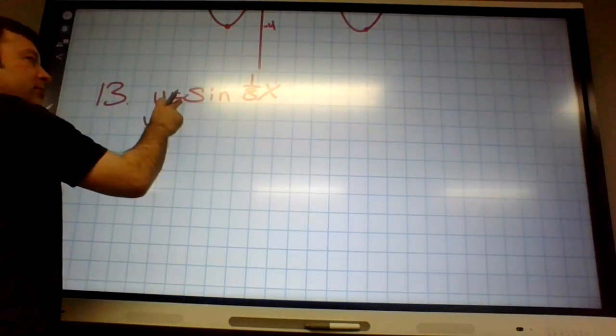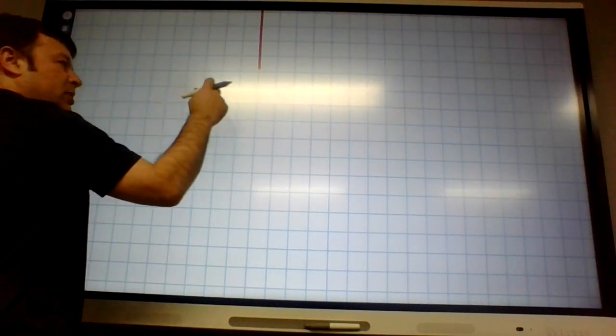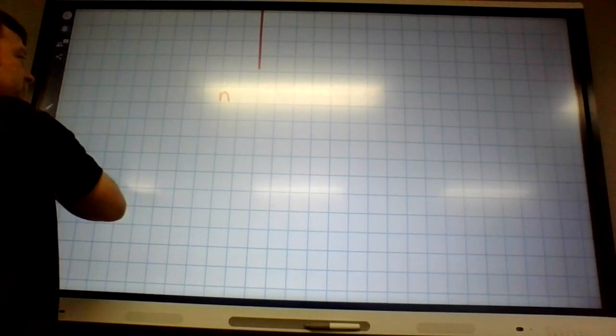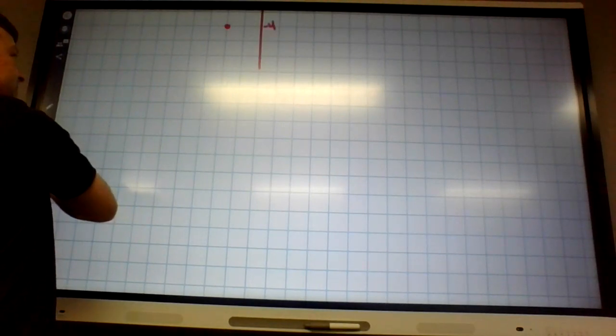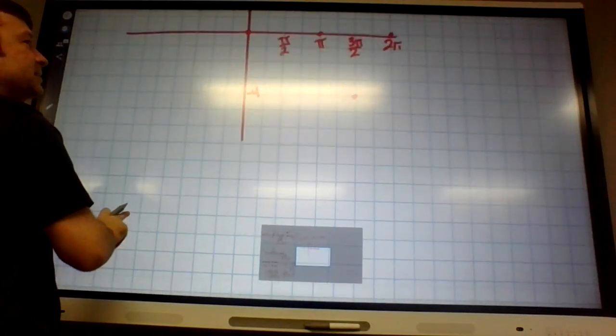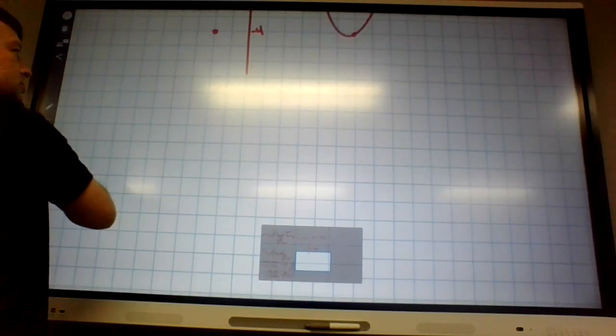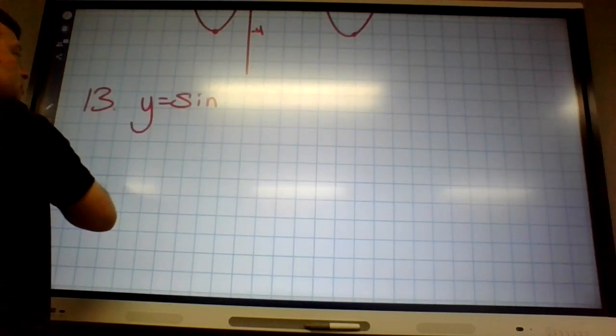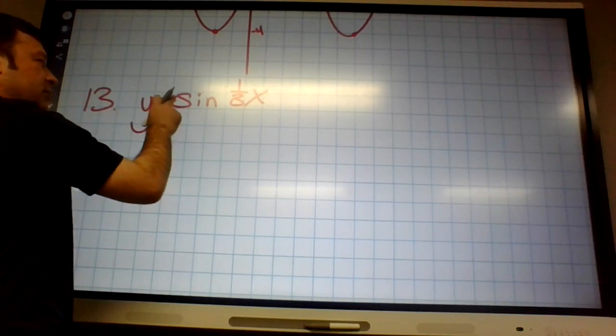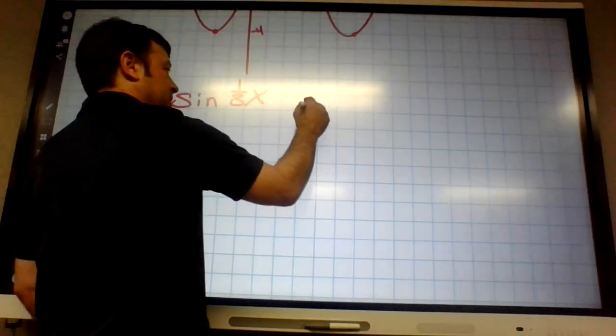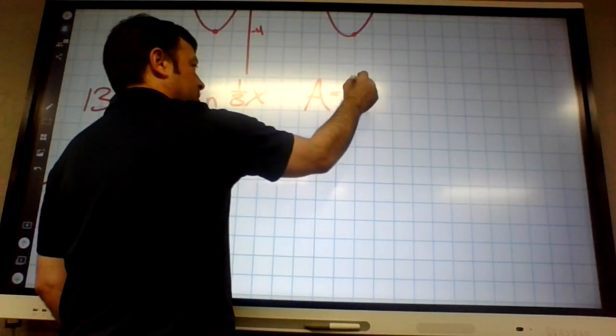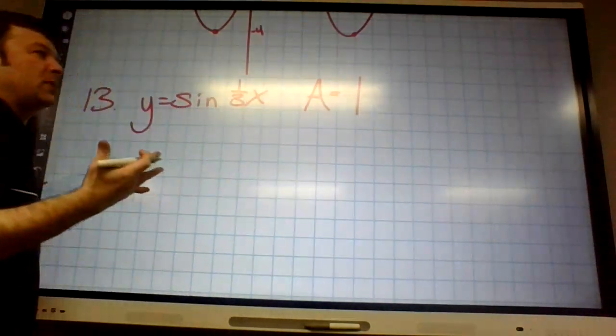Okay, there's no number in front of the sine, so you guys know what the amplitude is going to be? 2? Nope. 1. It's like number 1.